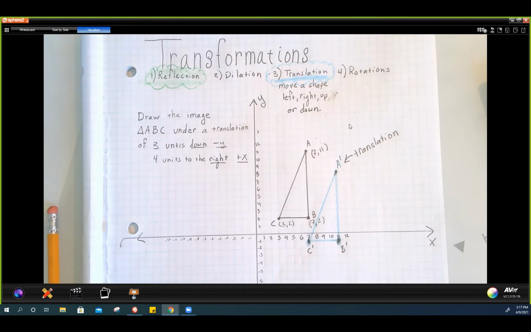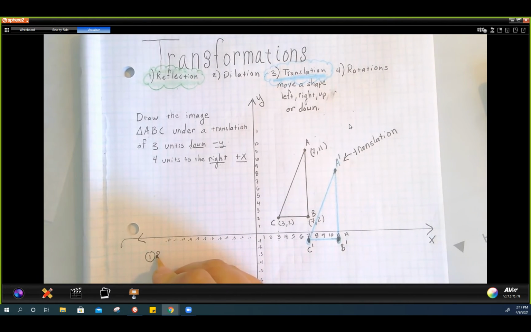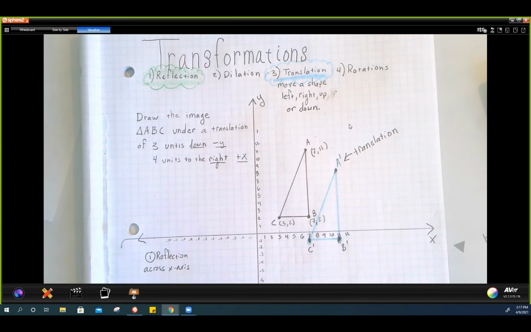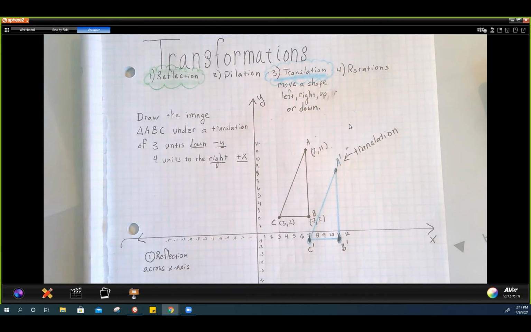All right. So for the reflection, the first thing I'm going to show is a reflection across the x-axis. If you have your thin papers, go ahead and grab one of those, the patty paper or the tracing paper, your choice.